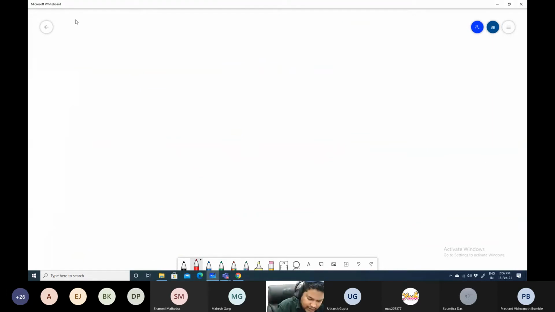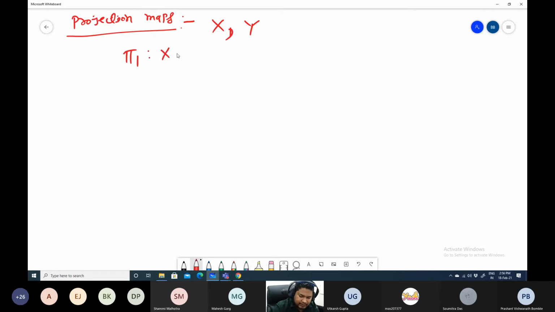Okay, now we have projection maps. Projection maps are a very simple concept. Say X and Y are two topological spaces. A projection map is a map from X cross Y to X, pi 1, and another is pi 2, which is X cross Y to Y. So one means the first component, and two means the second component.